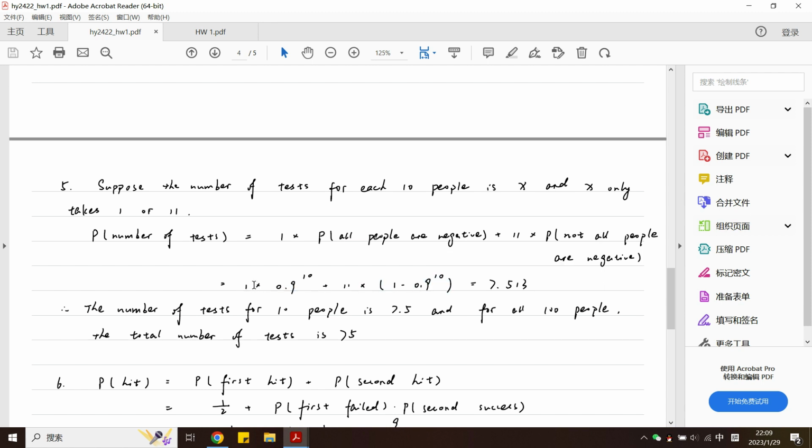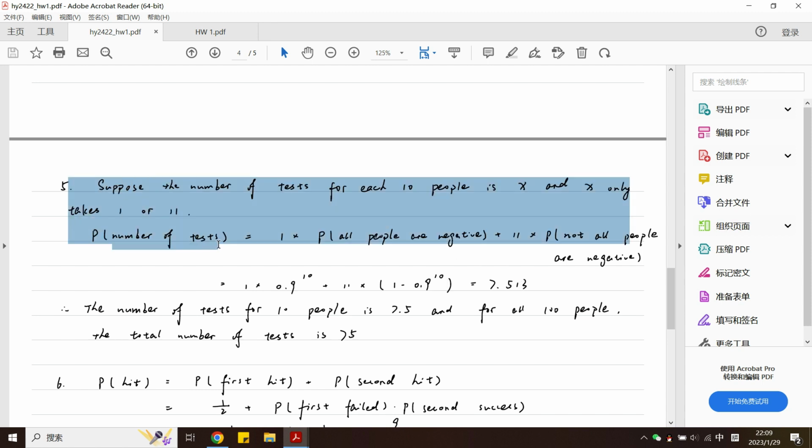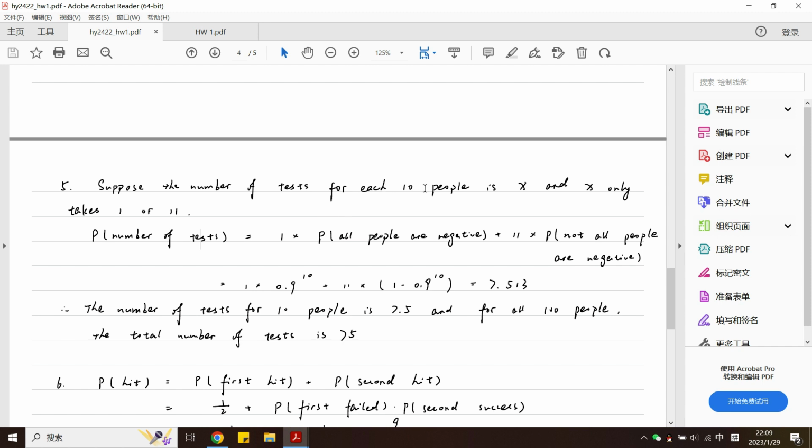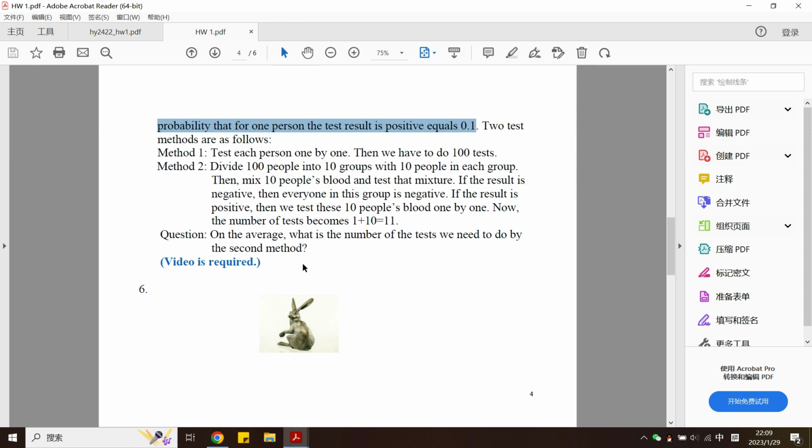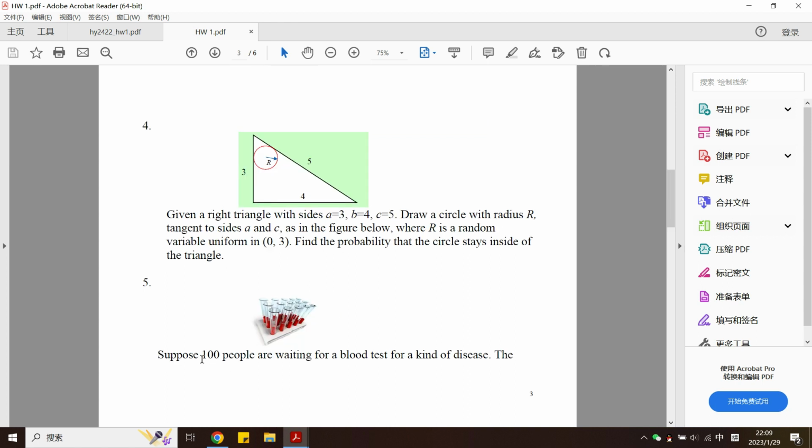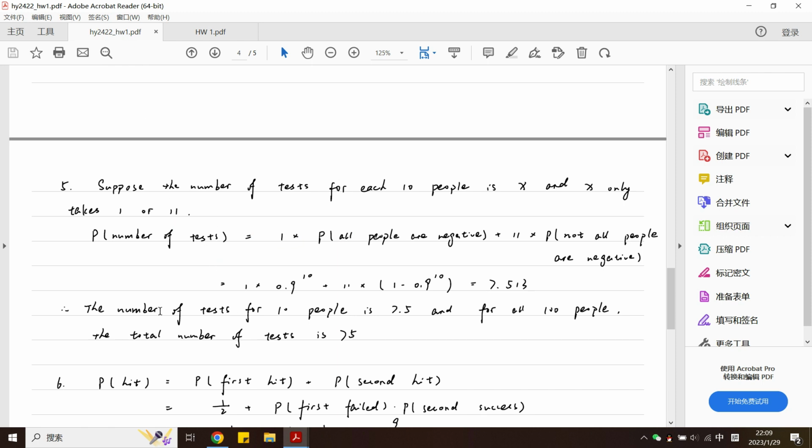And then we use this data to calculate the number of tests for each 10 people, which is about 7.513. That is for 10 people in one group, and there are 100 people to test.